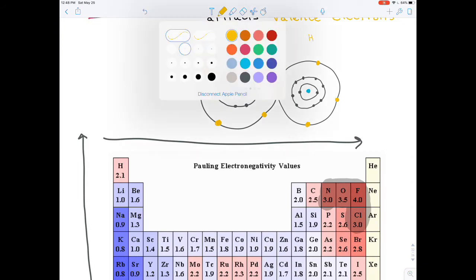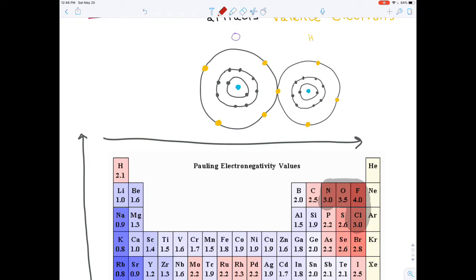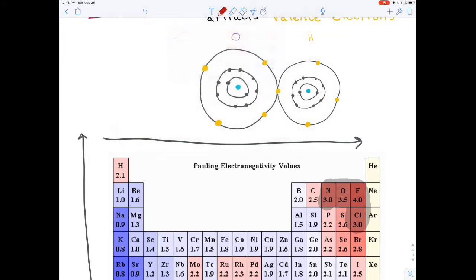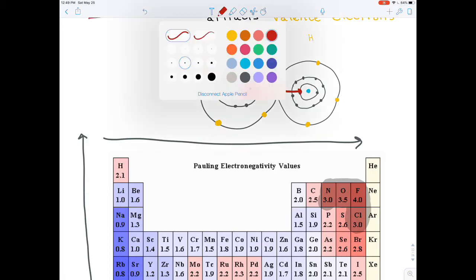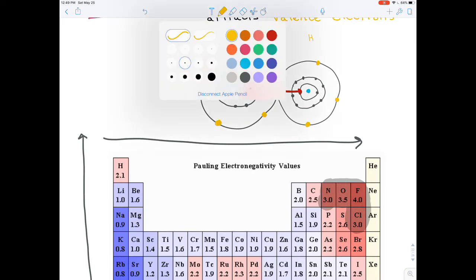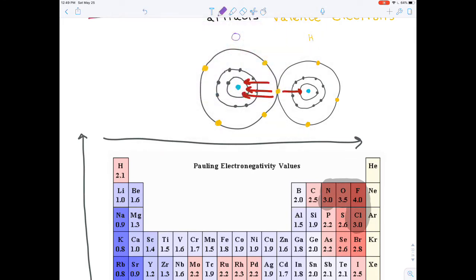Oxygen is really, really electronegative. They're sharing this electron there. Oxygen is so electronegative that it is going to pull that electron towards it really hard. And hydrogen is not that electronegative, so it's not going to pull it that hard. So the electron is going to spend more time around the oxygen. And so the oxygen borrows some of the charge from the electron and becomes slightly negative. The hydrogen loses it, and so it becomes slightly positive.